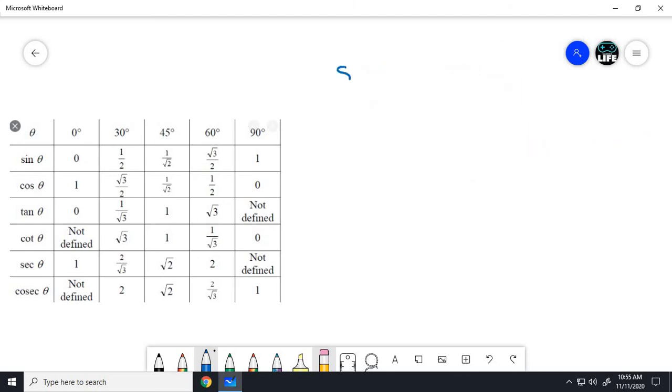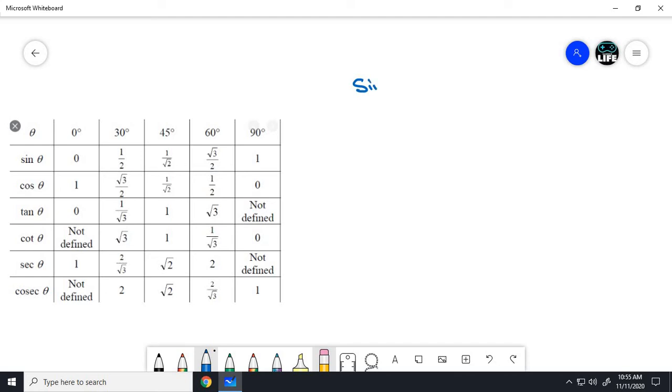So as we have discussed in the last class, sine theta by cos theta equals tan theta. In the same manner, what is the value of sine 0?